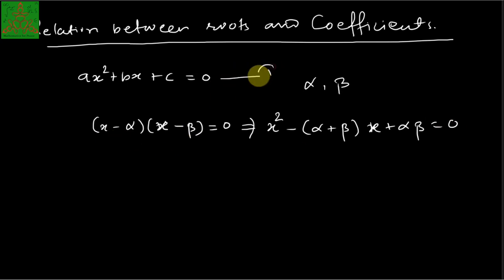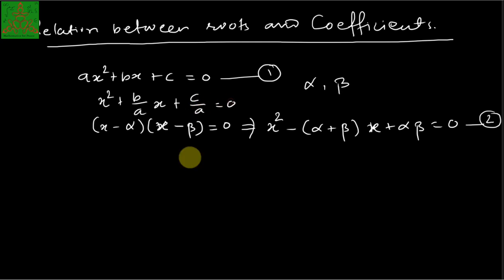Equation 1 and equation 2 are the same equation, and if a is non-zero, then equation 1 can be written in this form, that is x square plus b by a x plus c by a equal to 0.